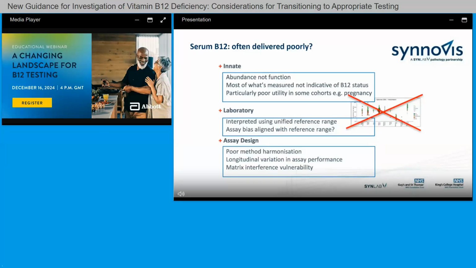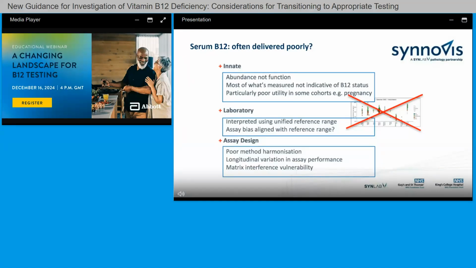In addition to the laboratory introduced variation, we have the assay design itself. So we have the poor harmonization. But we also know from EQA schemes that there's evidence of longitudinal variation in assay performance. And we know that these type of assays are vulnerable to some matrix interference effects.